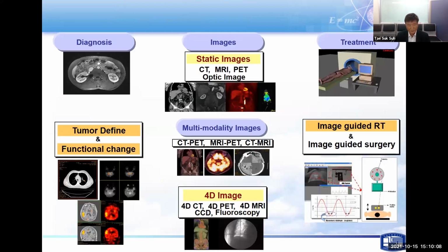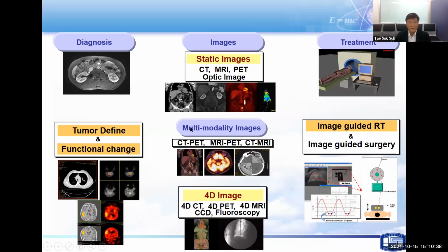Three kinds of imaging modality are used in the medical area for diagnostic imaging and treatment: static single imagery, multi-modality imagery, and 4D imagery. Previously, static single imagery has been used to define tumor using CT, MRI, or PET.